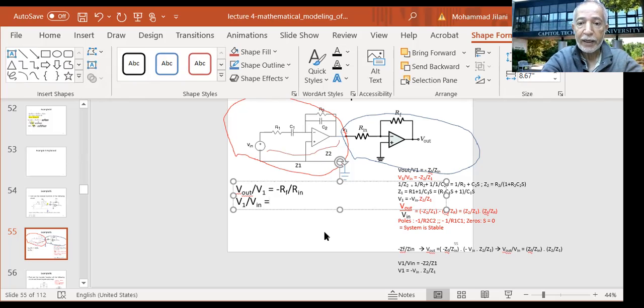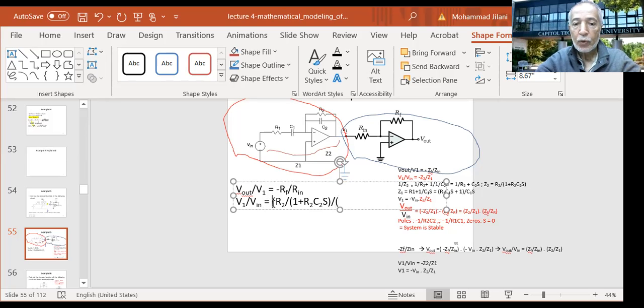I'll do this directly. Z2 is R2 divided by 1 plus R2C2S, this one, divided by Z1.